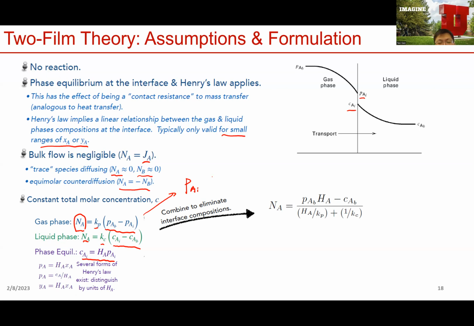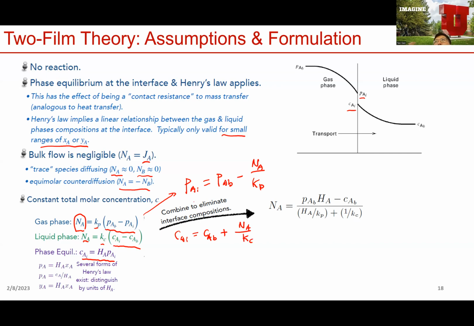Basically, PAI is going to be PAB minus NA divided by KP. Just move KP to the left, then move PAB to the left. You have this. Similarly, you can get CAI to be CAB plus NA divided by KC.